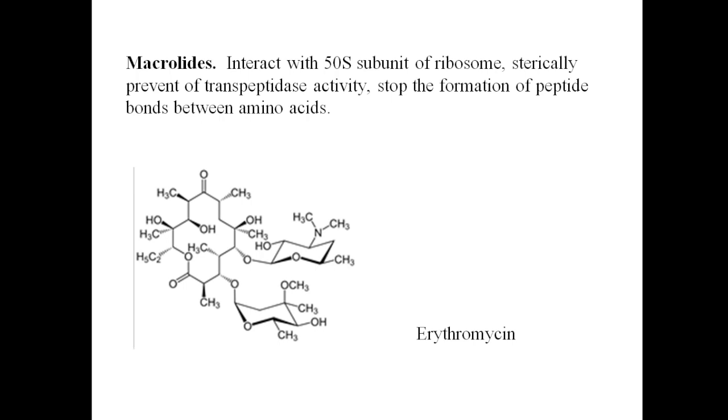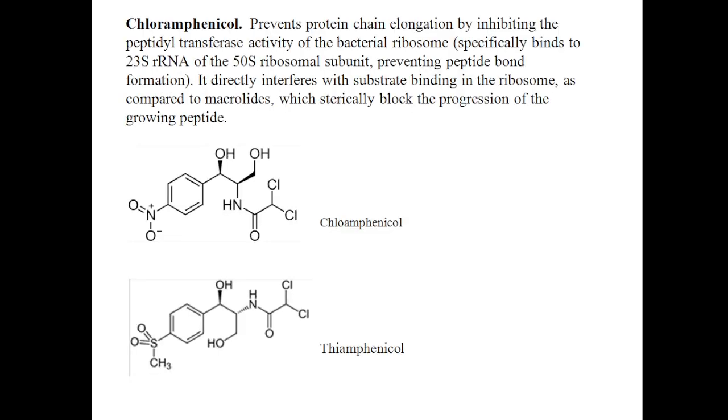Macrolides interact with the 50S subunit of the ribosome and prevent transpeptidase activity. Transpeptidase activity is a function of the 50S ribosome. No stop of synthesis, for example, erythromycin. Chloramphenicol prevents elongation because again it inhibits peptidyltransferase activity.